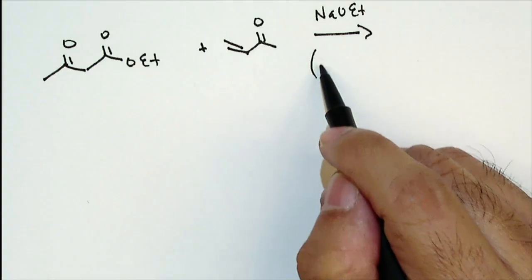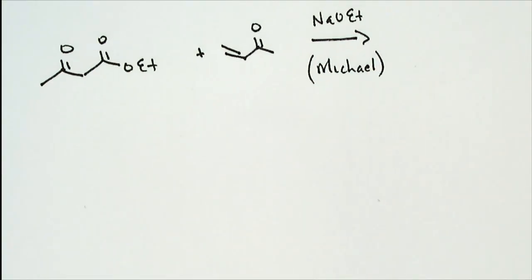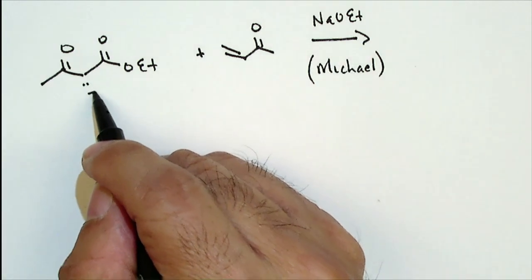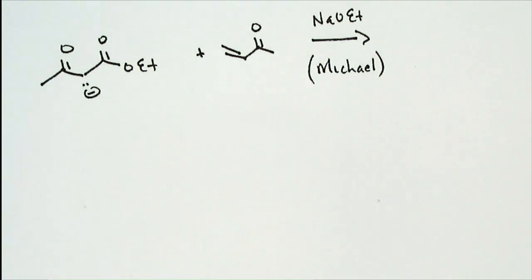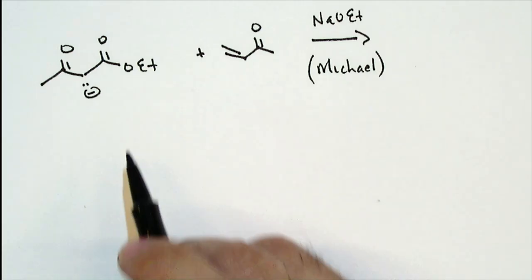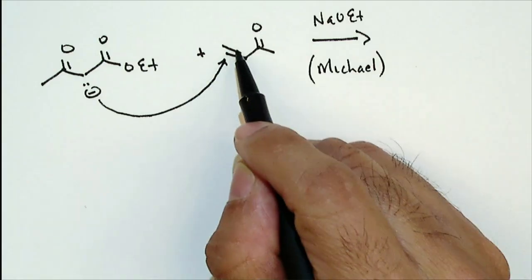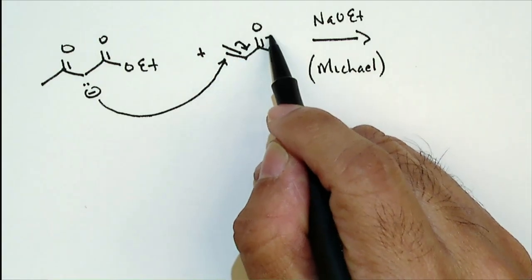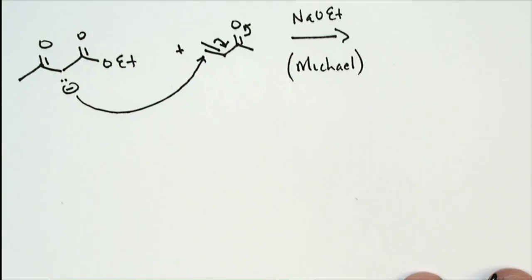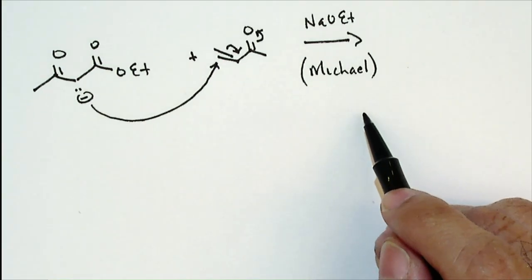To remind you, this is where the Michael addition reaction is going to occur. The base is going to deprotonate at the preferred alpha position, the one between the two carbonyls, as opposed to this alpha position. You will reach over and do your 1,4 attack. This moves over and those move over. So the product that you're going to get from this is the following.